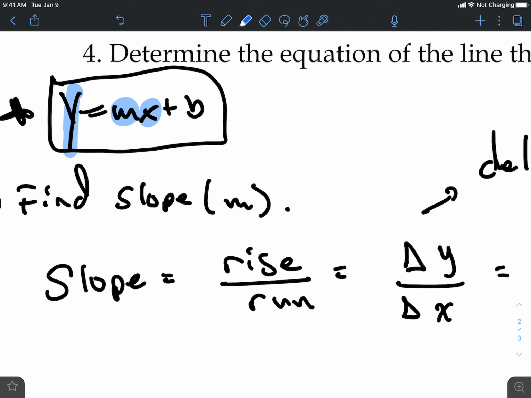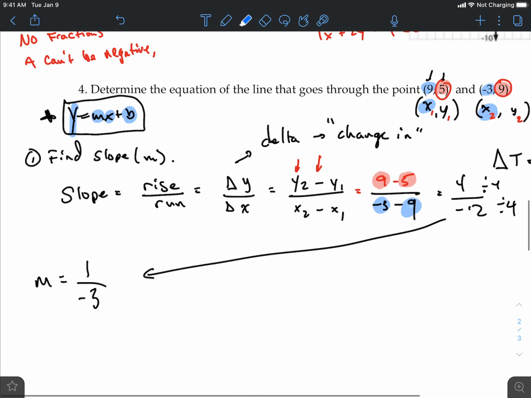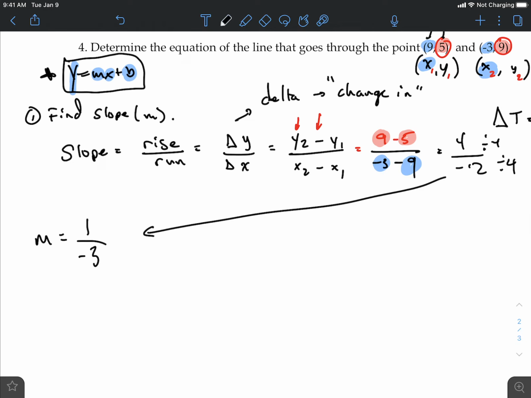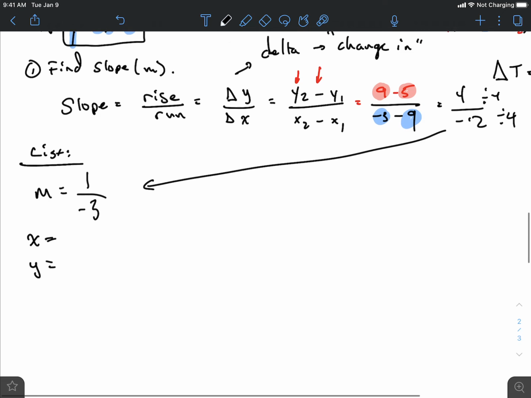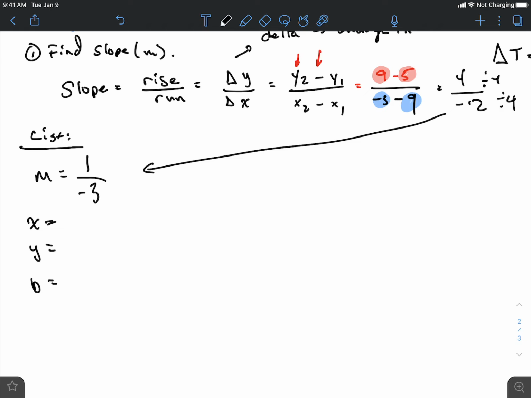I don't know what x is, and I don't know what b is. So there's 4 things there, right? And I found one of them. Okay, m, good. I'm going to make a list. I know m is good. I want to know what x is. I want to know what y is. And I want to know what b is.